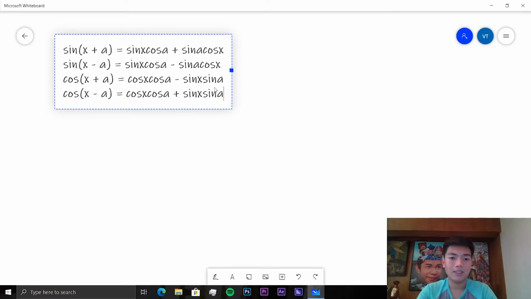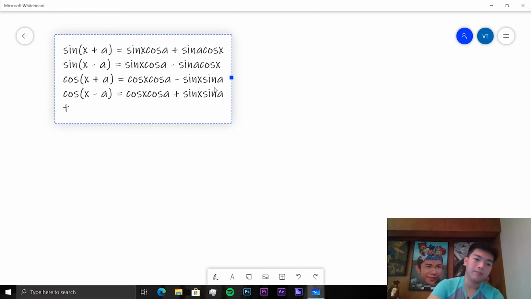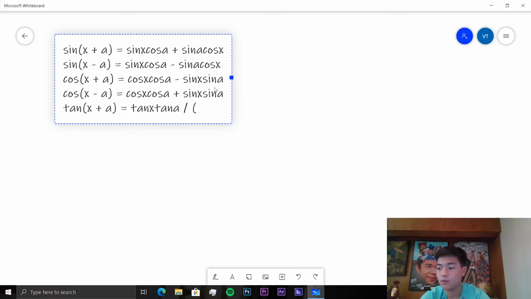Finally, for the tangents, tangent of x plus a is equal to tangent of x plus tangent of a over 1 minus tangent of x tangent of a.